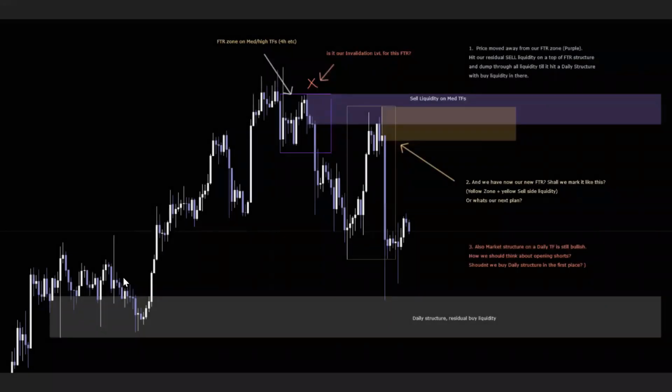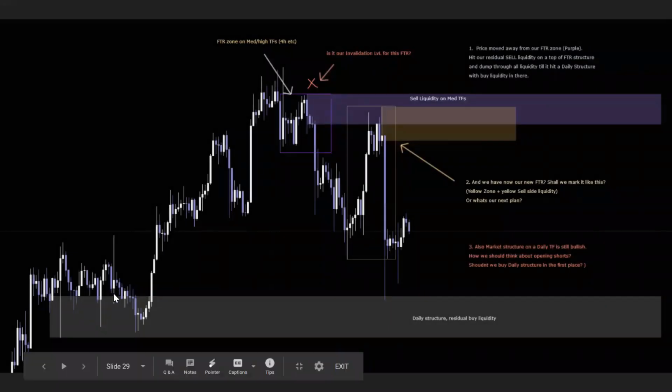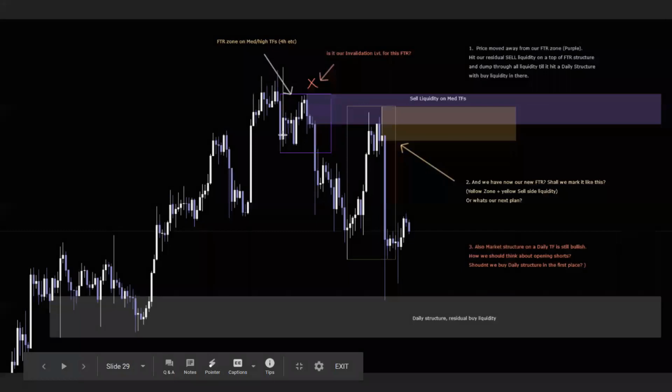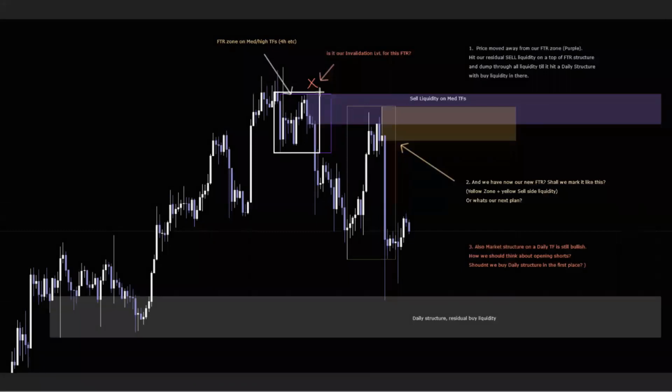Okay. Yeah, so I really like the way you've marked the levels here. This is an FTR, as you say, on the 4 hour. Okay, it wasn't apparent on the daily chart. Is it our invalidation level for this FTR?